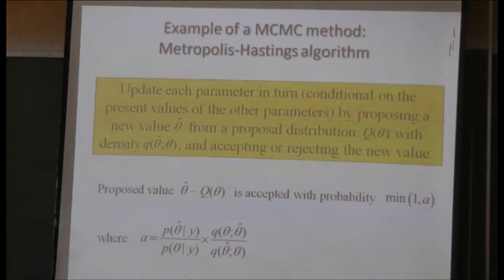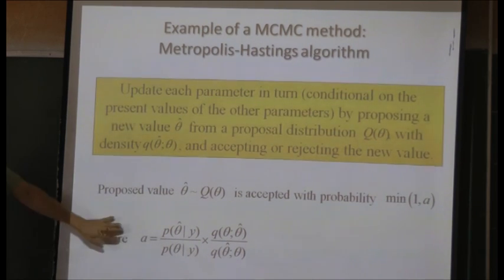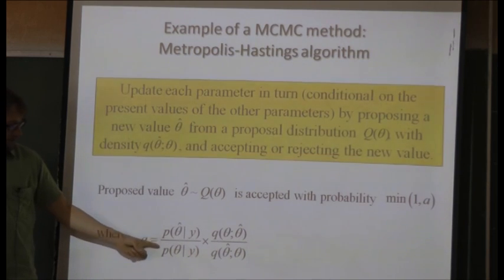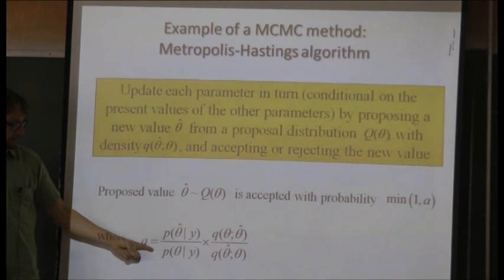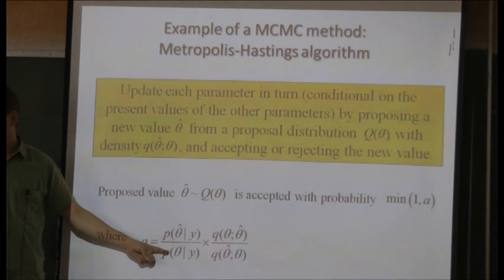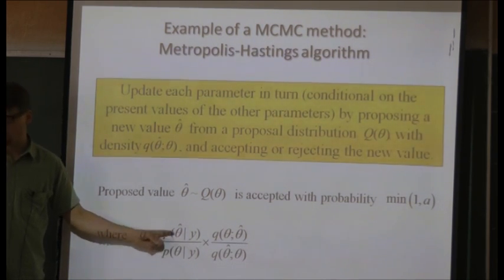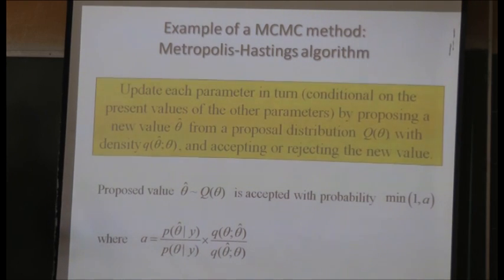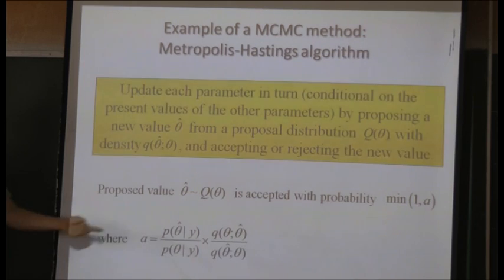Okay? Let's then look at what is this probability A here. Well, it's the ratio of the likelihoods at the new value compared to the old value. Okay? So this is saying that if the new value is better in a sense that it's more likely, it gives a higher likelihood than the old value, then you should be more likely to accept it.